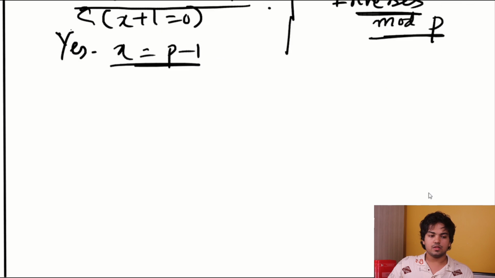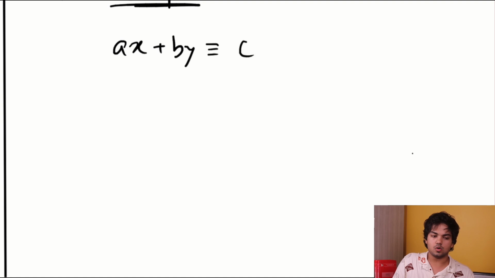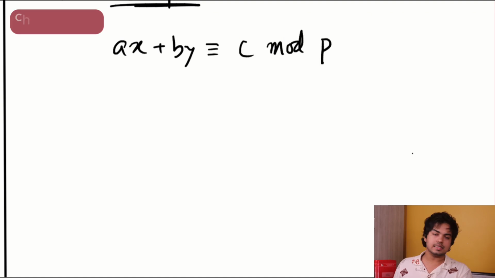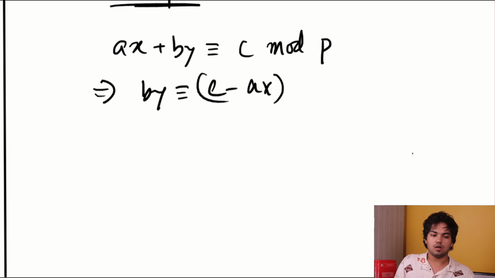Generally, if you asked me to solve a system that looked like this, ax plus by congruent to c mod p, find y in terms of x, that's a thing you can do. I can solve this as follows. Say I want to find y in terms of x. Then by is congruent to c minus ax mod p.